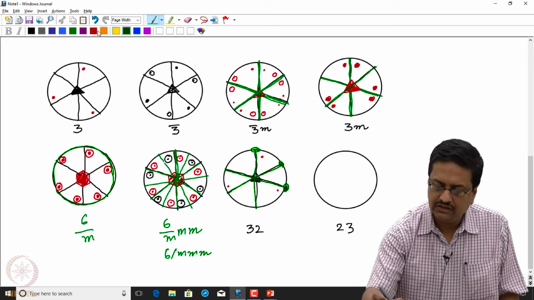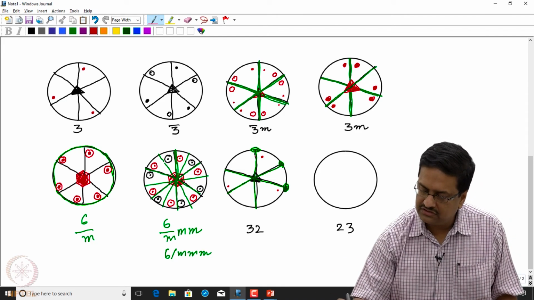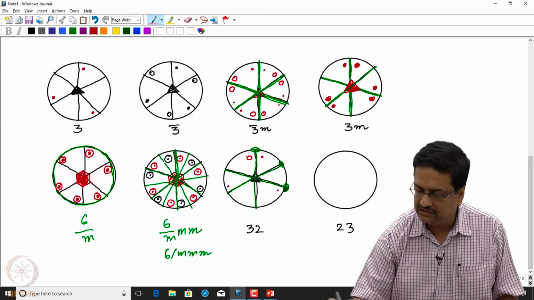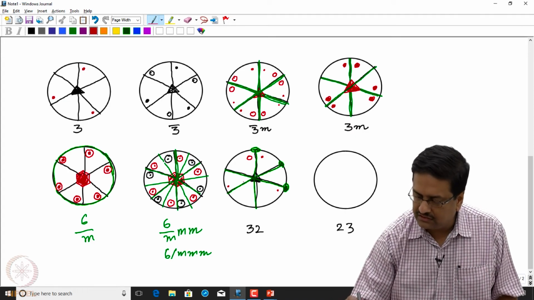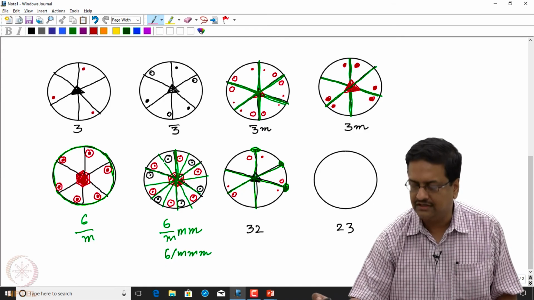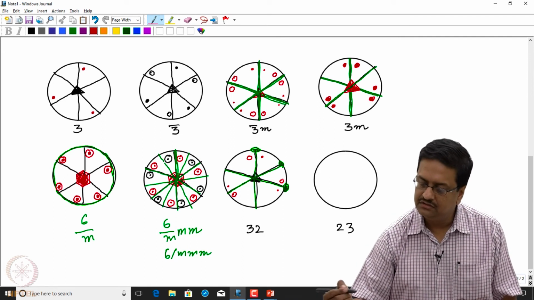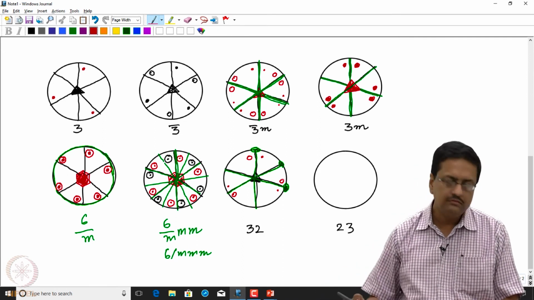So now by doing this twofold operation, the closed circle becomes open circle, this closed circle on this side becomes open circle, this closed circle becomes open circle on that side. So this diagram represents a simple 3,2 point group.